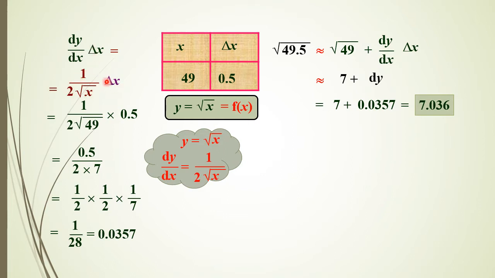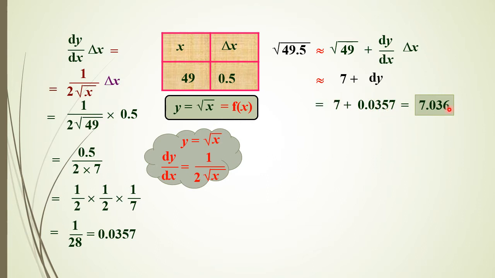We know the values of x as well as delta x, so substitute them here. After simplifying, you will get 0.0357. Next, root 49.5 is equal to root 49 plus dy by dx into delta x, which is equal to 7 plus 0.0357.